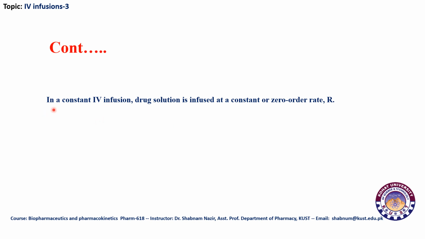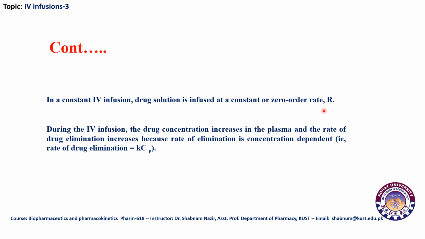What is it? When a constant intravenous infusion drug solution is infused at a constant or zero order rate, which is denoted as R, during the intravenous infusion the drug concentration increases in the plasma and the rate of drug elimination increases, because the rate of elimination is concentration dependent.